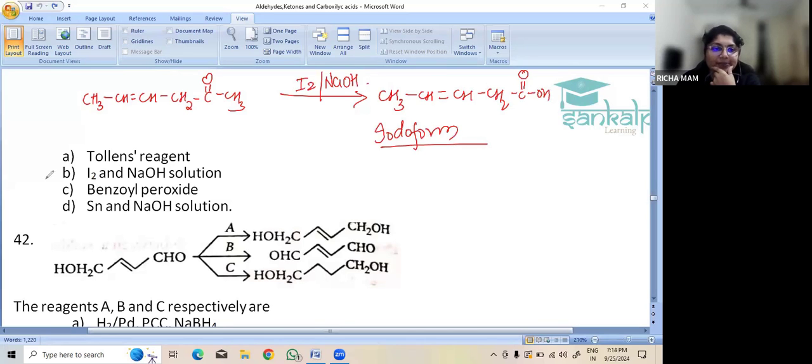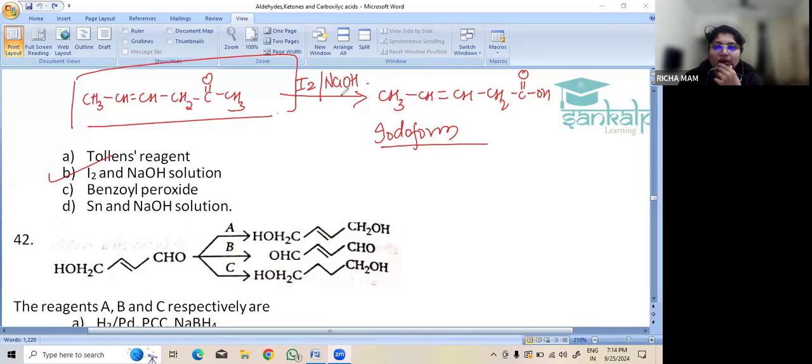It is option number B. So for this conversion, we are going to use I2 in the presence of NaOH. Sanjeevni and Lubna have answered it is option number B.